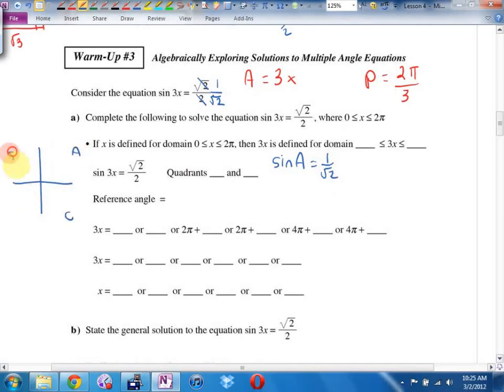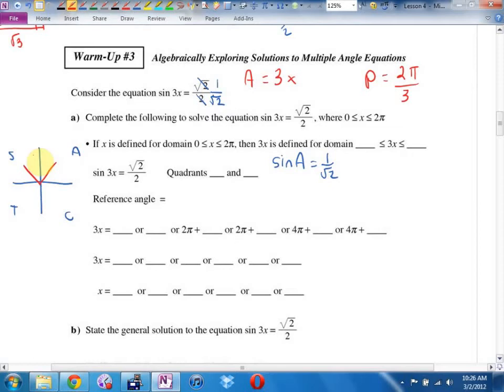Joel, which trig function? Positive or negative? Do I have a triangle with a 1 and a root 2 in it? Yeah, I do. Eric, which one?